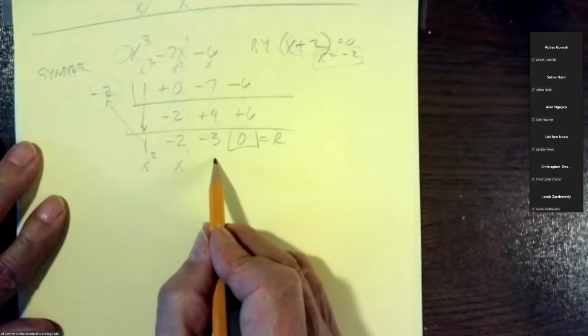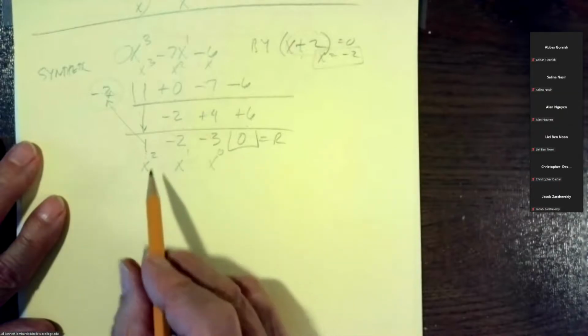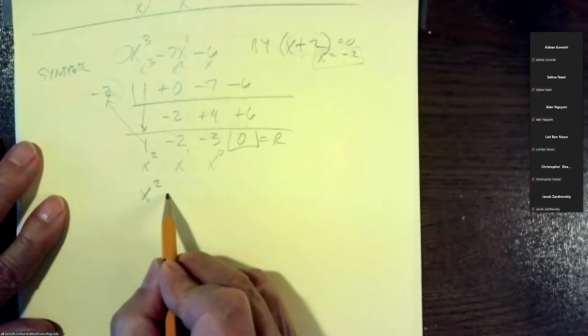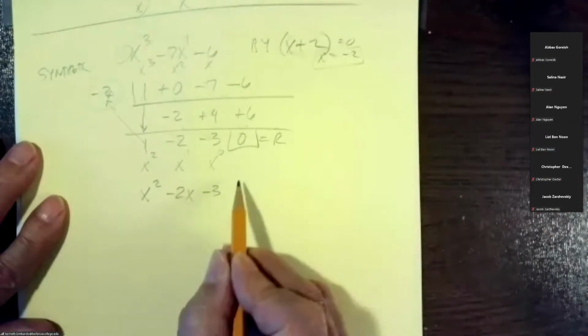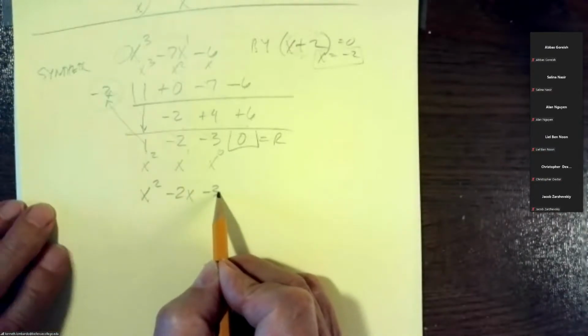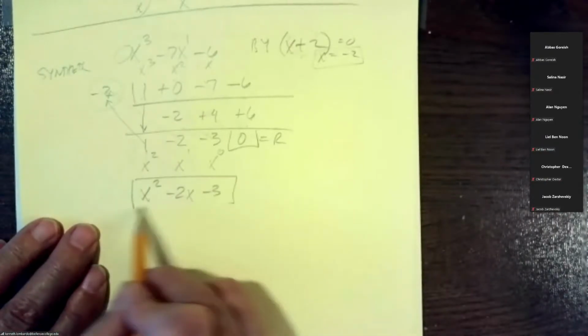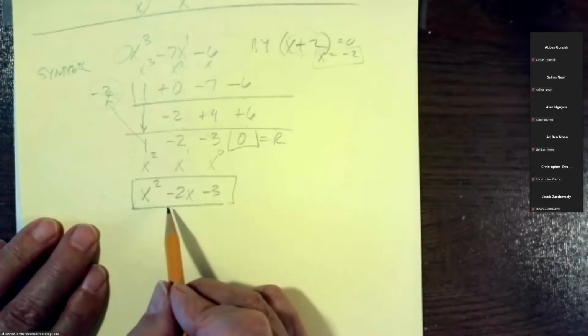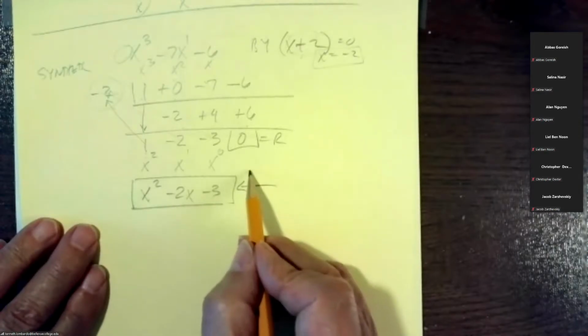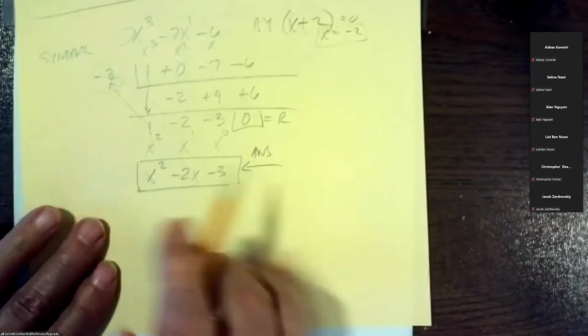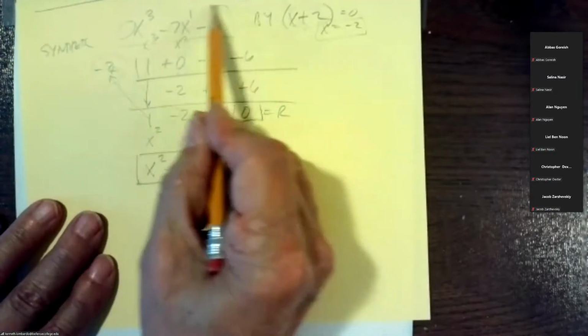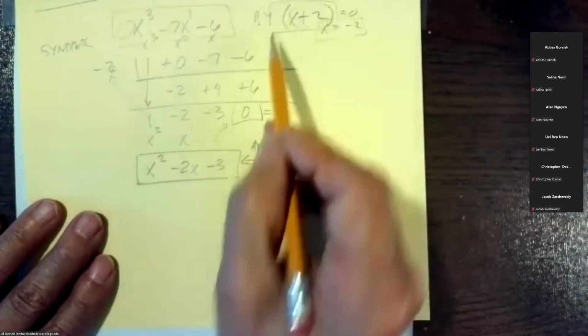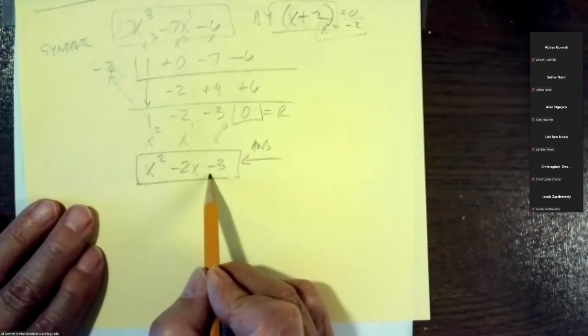And this would be 3 of x to the 0s. So we have x squared minus 2x minus 3. And our remainder is 0. So x squared minus 2x minus 3. That's what we get when we divide this value by this value synthetically.